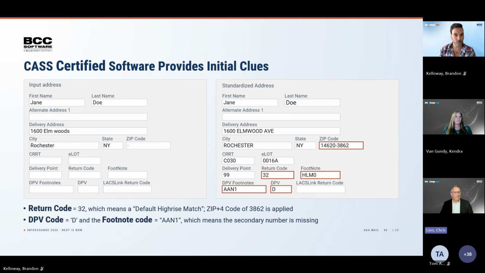Because you don't know how many times the cones got knocked over when you got your test, or how well you can back up a trailer. I can't. That's why my wife always does it. So things like that, right? But the parsing is really important, and that's one of the things that differentiates the industry tools from a lot of the postal tools, because they don't have the field experience that a company like BCC Software does, with decades of feedback and working collectively with our customers.